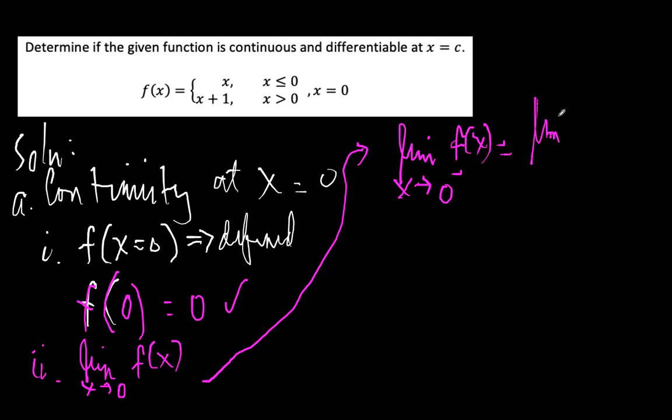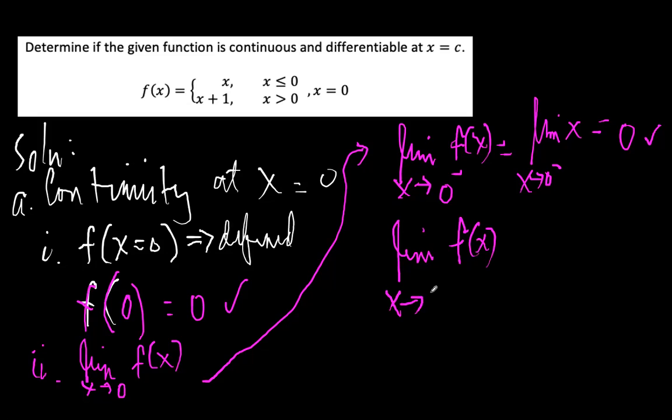This becomes the limit of x as x approaches 0 from the left, since all of the values of x that we will be testing are negative numbers, those which are from the left of 0. So this becomes 0. We have found the limit of f of x as x approaches 0 from the left, and it exists. So let's check the limit on the other side of 0.